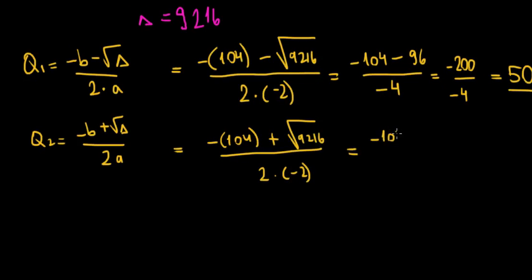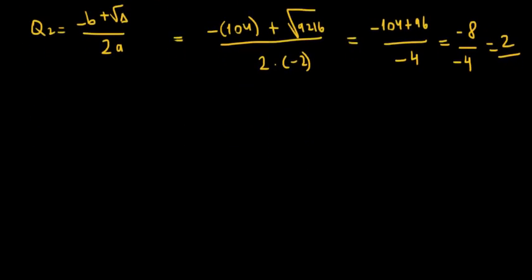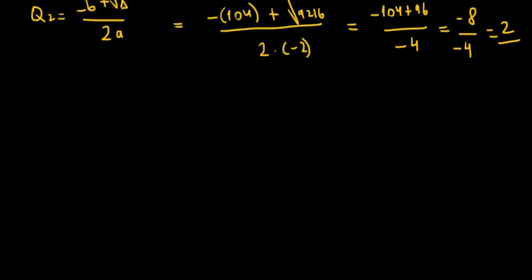That equals minus 104 plus 96, which is minus 8, divided by minus 4, and that's equal to 2. So we found the possible quantities that make us break even. When we sell 2 units, we break even, and when we sell 50 units, we break even as well. Now let's show this on a graph in part D, just to wrap it up and understand how it all makes sense in the end.